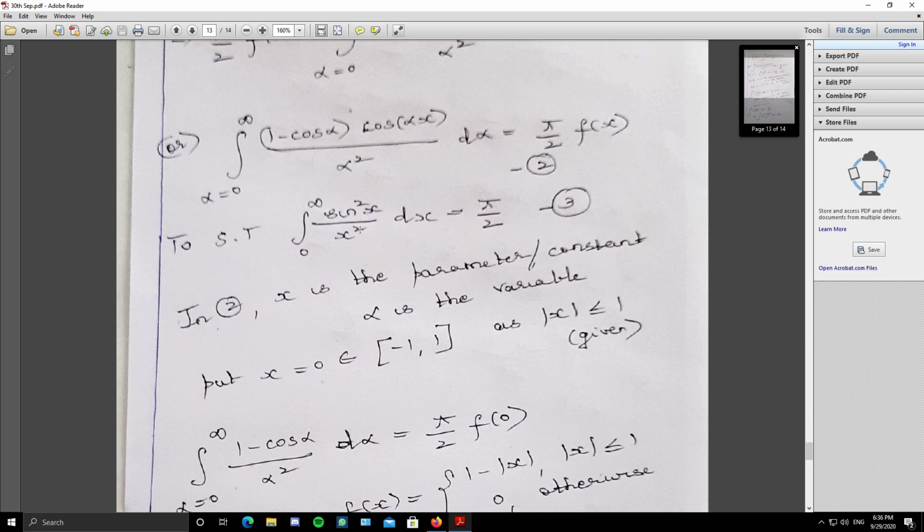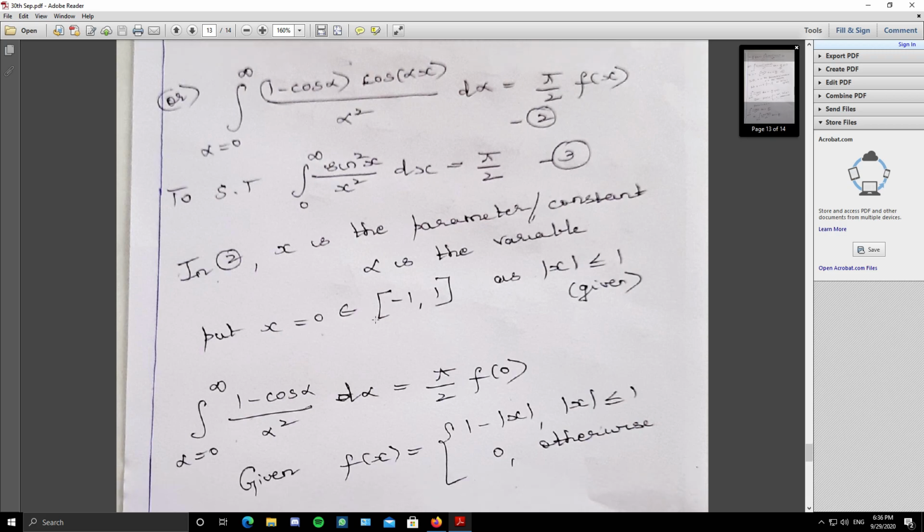Whenever you have to prove something, compare the integral part, give value for the constant. What is a constant? x. So if x is 0, cos 0 is 1. So that is why we have taken x as 0. We don't want the cosine term. So we have taken x as 0, so cos 0 is 1, and x equals 0 belongs to mod x less than or equal to 1, that is minus 1 to 1.